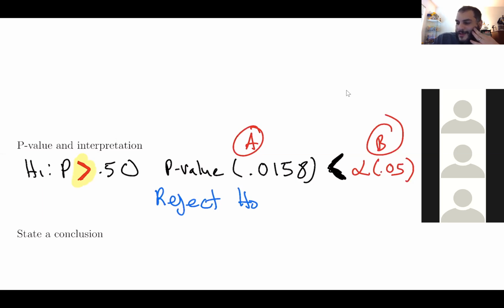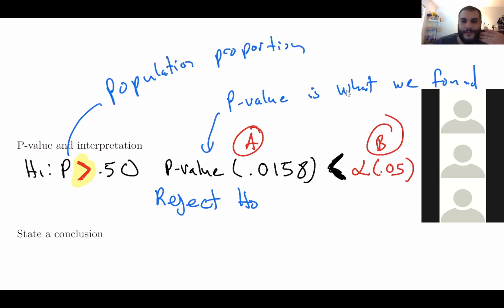This is the population proportion. So the p-value is what we found, because the p-value is telling you how likely this event is of occurring. But the population proportion, or the p, those two are not the same.